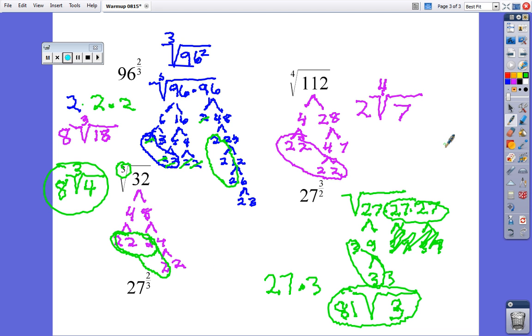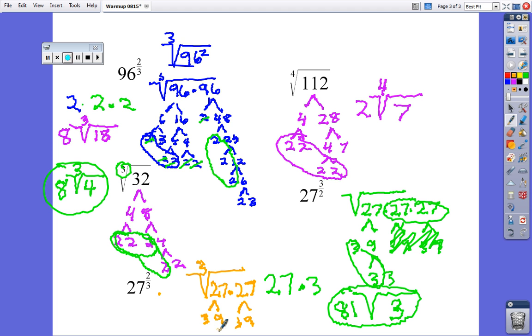And then finally we'll have one more, 27 to the 2/3 power. That means I've got the cube root of 27 squared. So once again, I need to look now for triplets to take out. 27 times 27. Here I've got 3 times 9. 3 times 9.